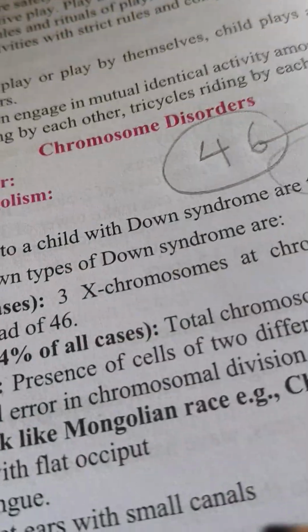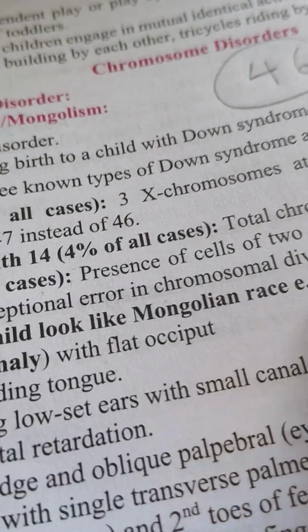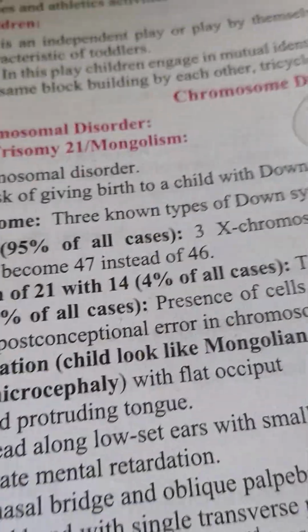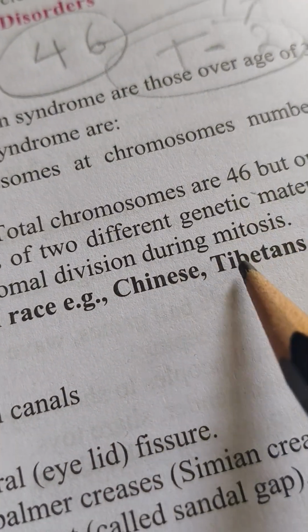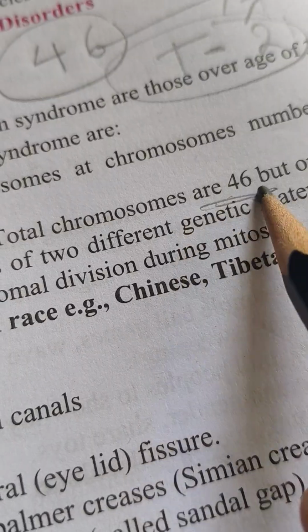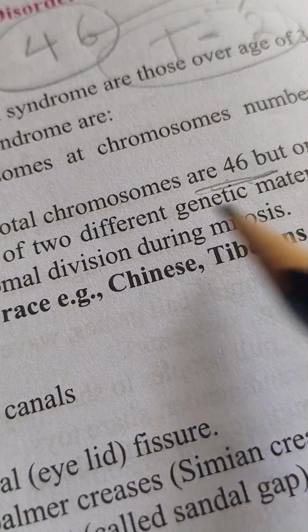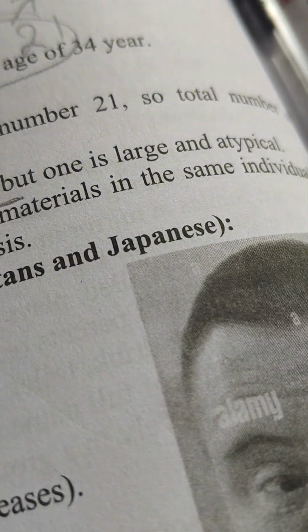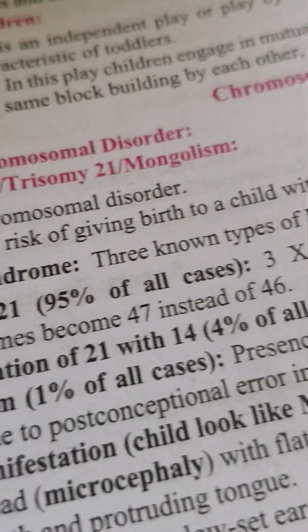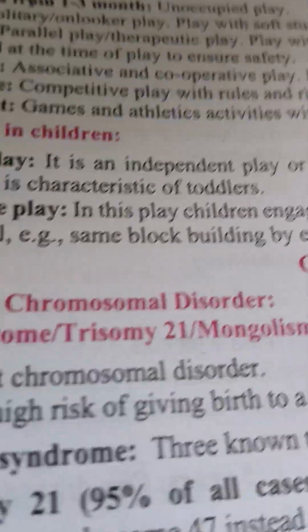In translocation of 21 with 14, the total number of chromosomes is 46. The chromosome number is normal, and the normal number is also 46, but one of them is large and atypical.